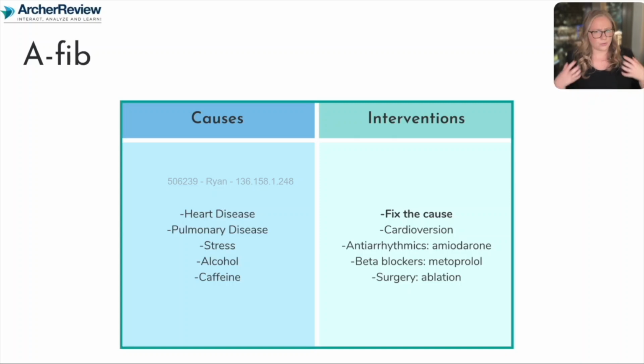Anytime we have really severe pulmonary disease, it increases the pressure that our right ventricle has to pump against. And that right ventricle over time can wear out and we can start to see some dysrhythmias. This can even happen with prolonged exposures to stress, alcohol, or caffeine, or a combination of those three things.